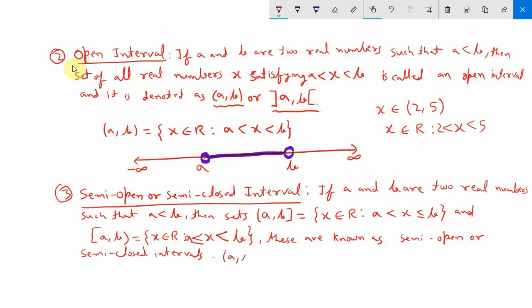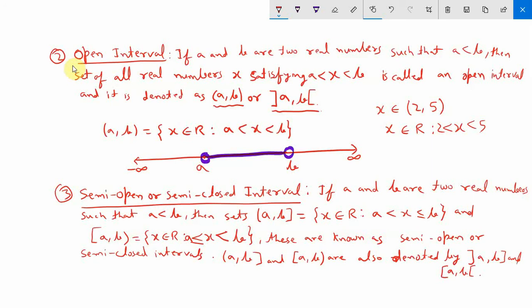So (A, B) and also closed [A, B] are also denoted by A, B and second one A, B. Okay.